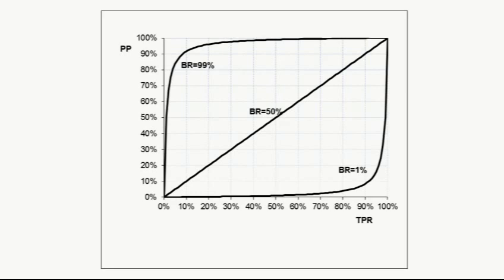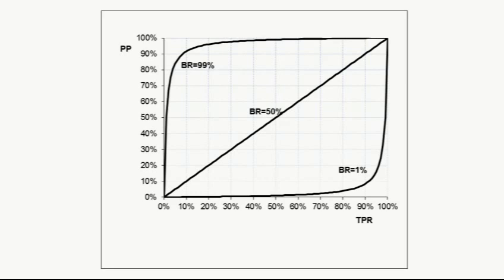This is the relationship between the true positive rate, which remember under symmetry is also the true negative rate, and the posterior probability.